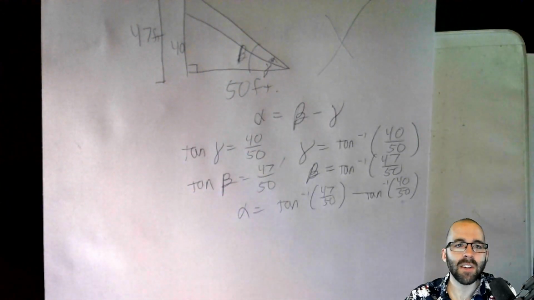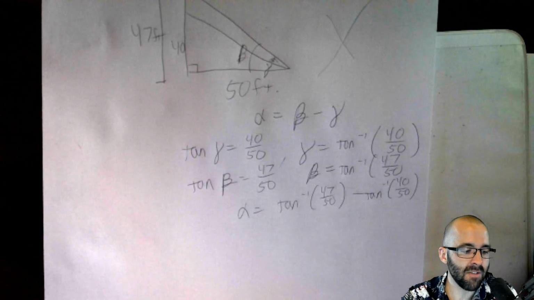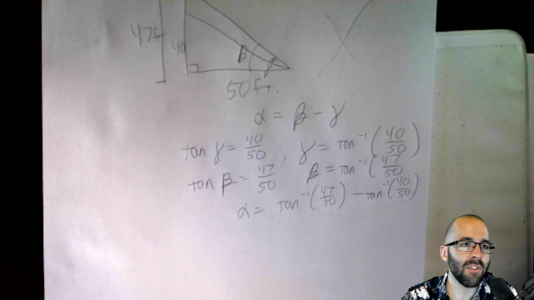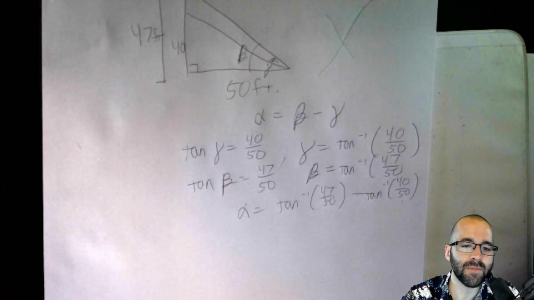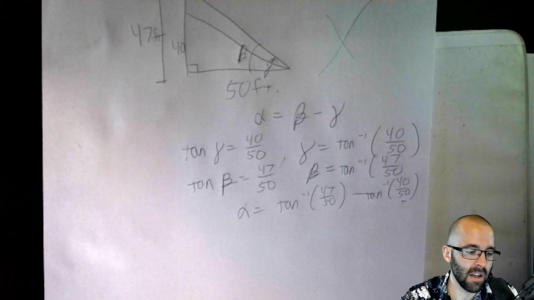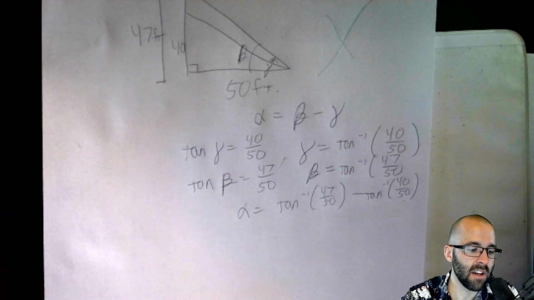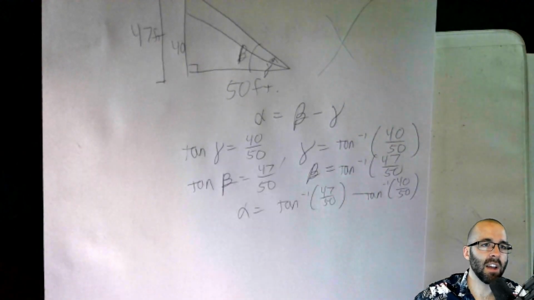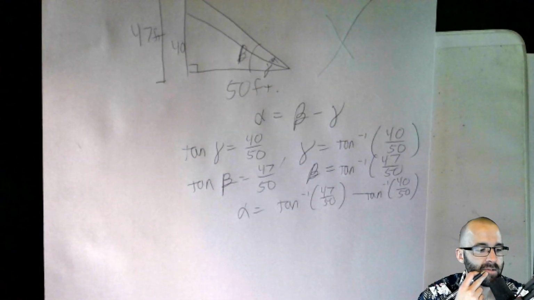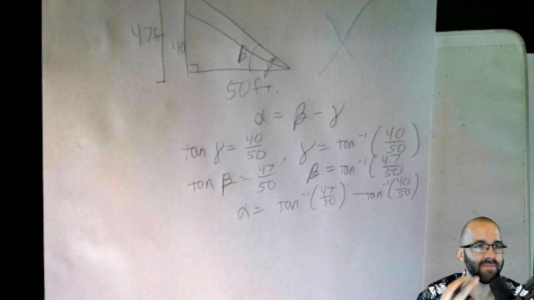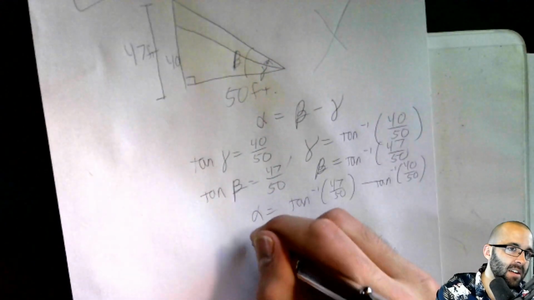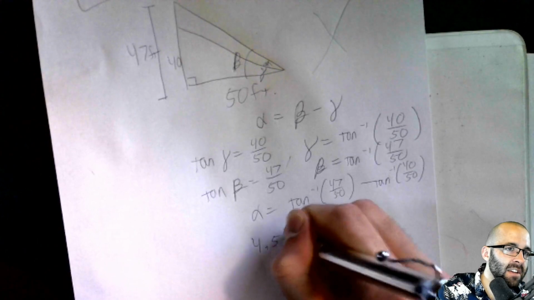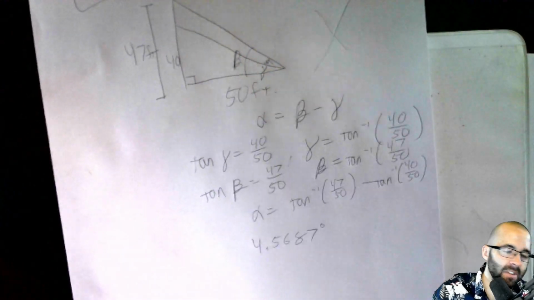All right? So we type that into our calculators. The inverse tangent of 47 divided by 50 minus the inverse tangent of 40 over 50. And we get 4.5687 degrees.